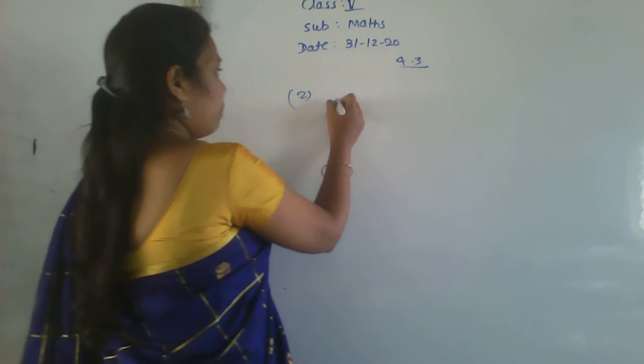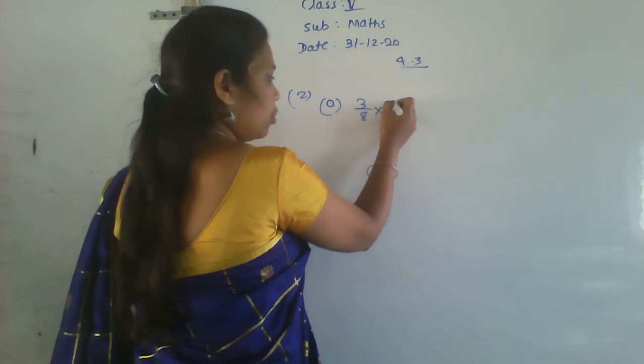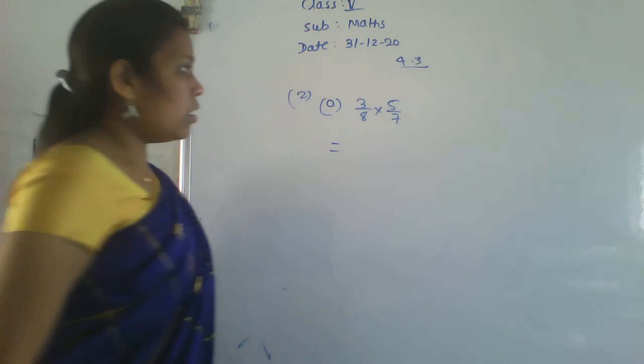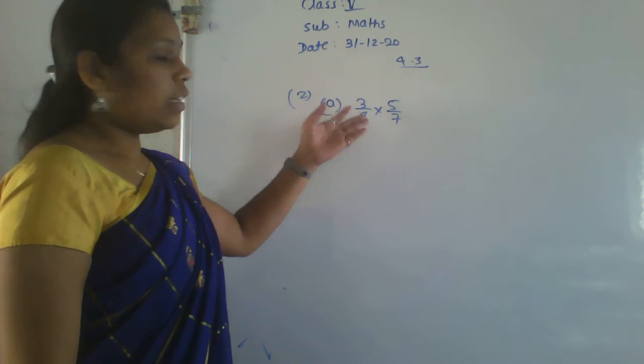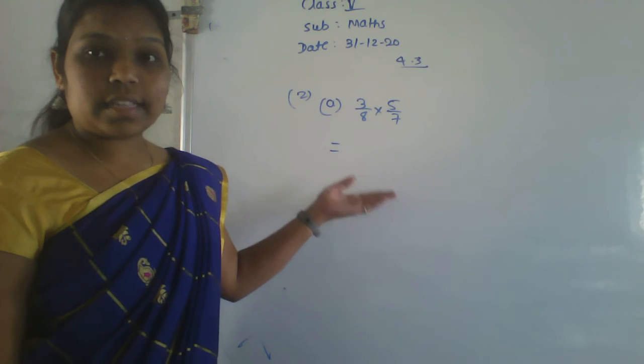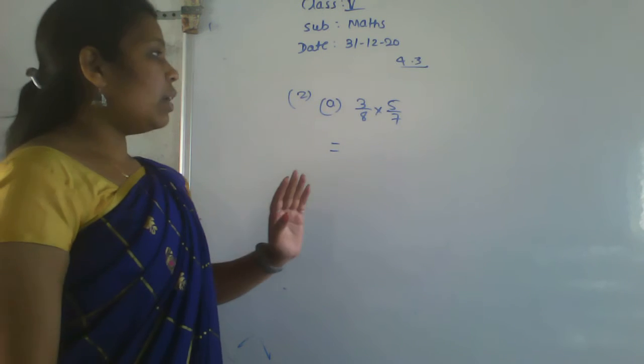What is the second main here? That is the first one. 3 by 8 into 5 by 7. Okay. So here the numerator and denominator are not in the same table. Then what do we have to do?